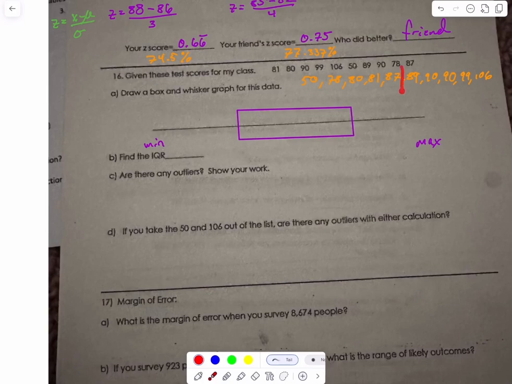So halfway between those is the 80, right? So I would imagine this would be like 80, but this is fine. And then right here, 1, 2, 3, 4, 5. Halfway on the upper portion is right here, which is the 90.